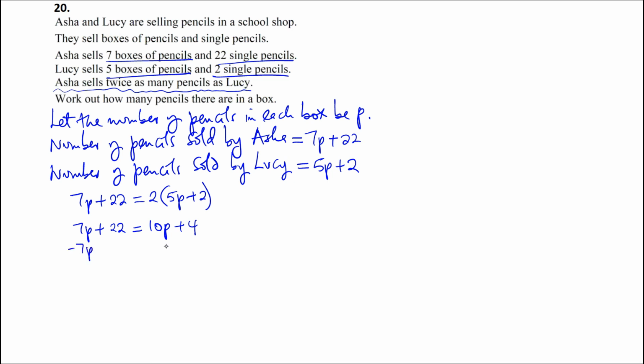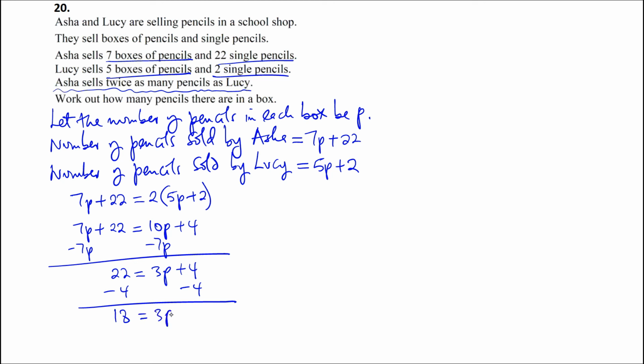So you have 22 equal to 3P plus 4. Then subtract 4 from each side. So 18 will be equal to 3P, divided by 3. So P will be equal to 6.